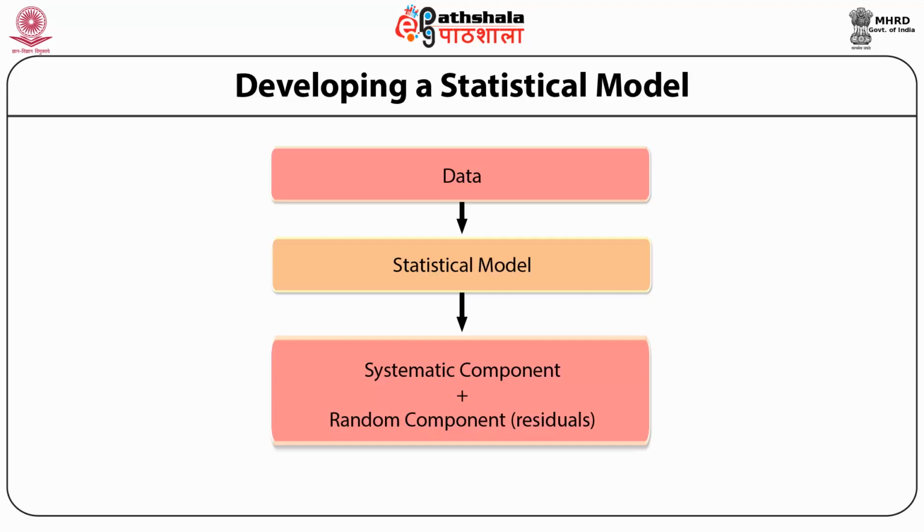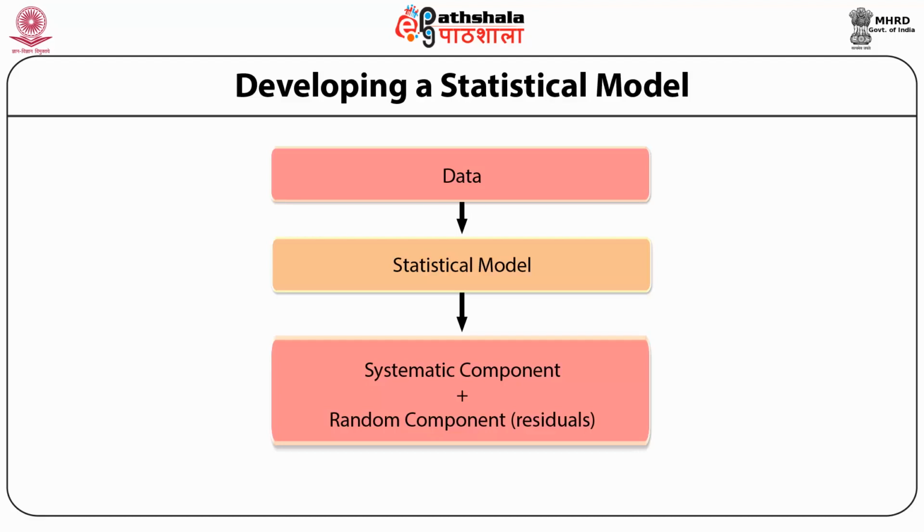Systemic component is that component which gives us the correct prediction for the given data set, and random component is that which occurs on a purely random basis, and the source of which is absolutely unknown, and therefore it cannot be predicted by the model.